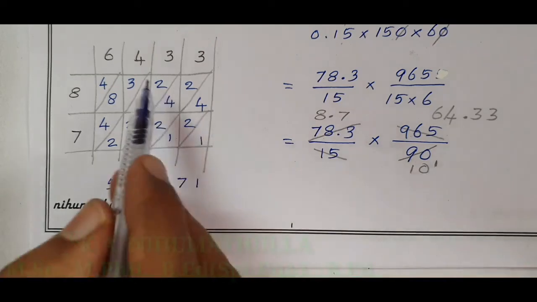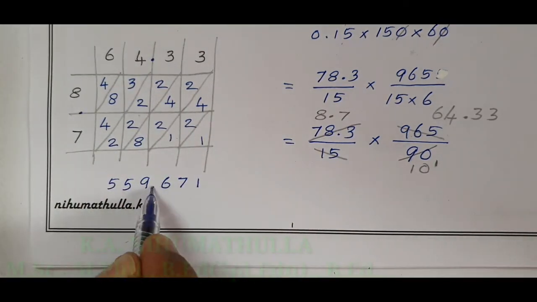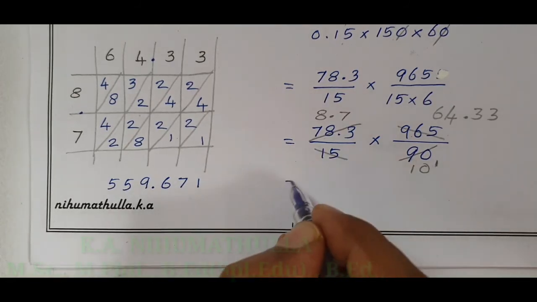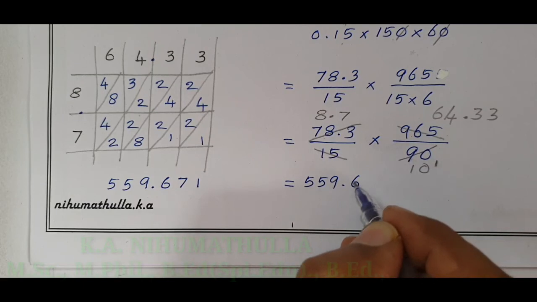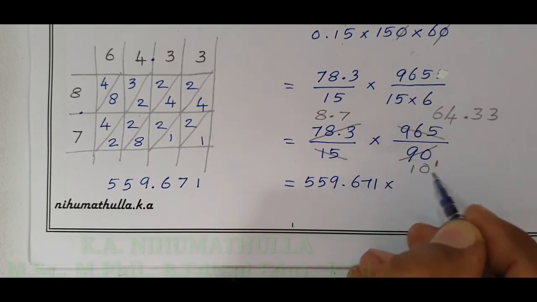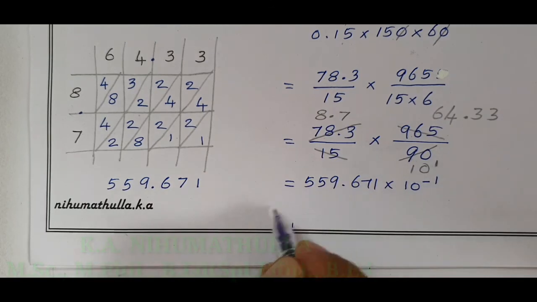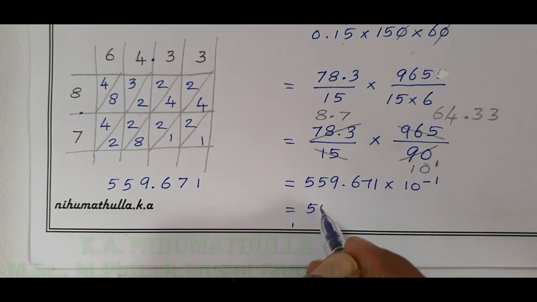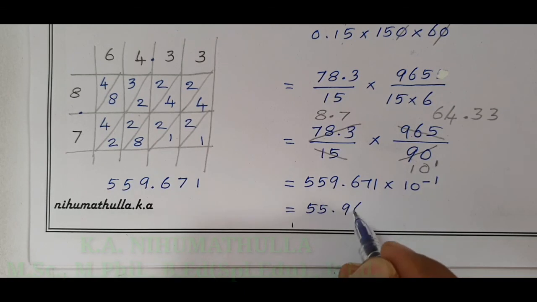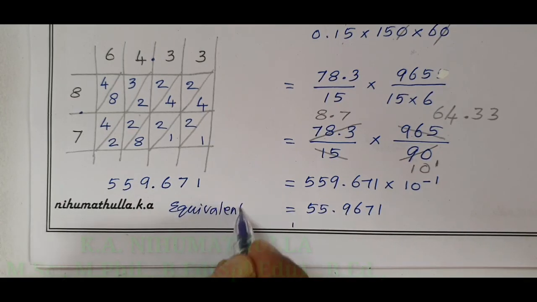So actually how many digits? Here 2 digits, here 1 digit, totally 3 digits. That is equal to 559.671. When you bring the 10 power 1 to the numerator, it becomes 10 power minus 1. So equivalent mass is equal to 55.9671 gram. This is the equivalent mass.